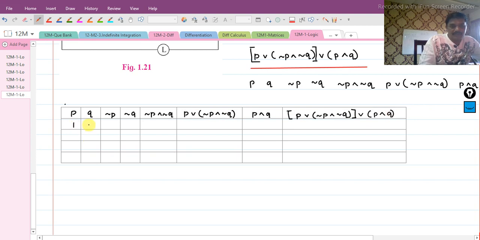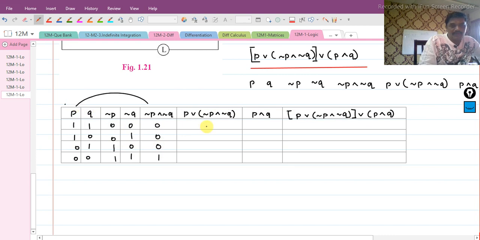This is 1 1 0 0, this is 1 0 1 0. This is 0 0 1 1, and this is 0 1 0 1. ANDing of these two gives 0 0 0 1.